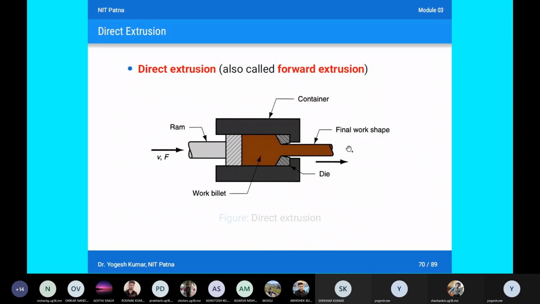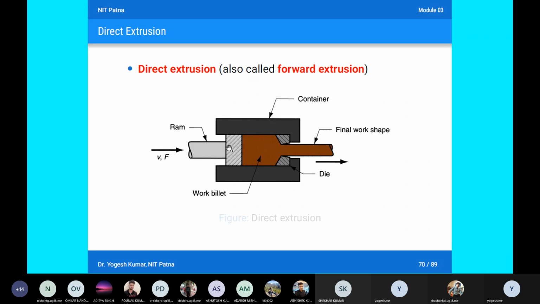As soon as this ram reaches and touches this die, this whole material cannot be extruded using this arrangement. Why can this whole material not be extruded?